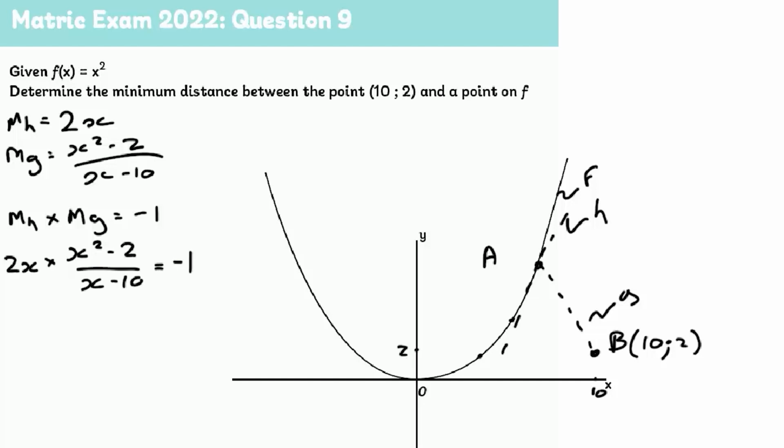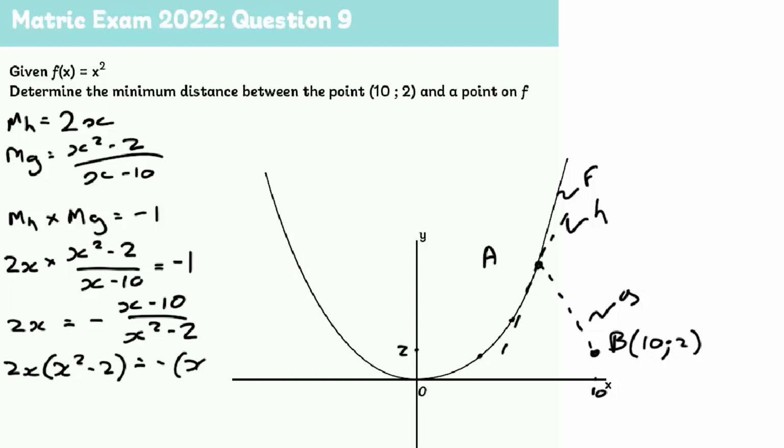Take the fraction across, multiply by minus 1, and you have a minus, and then you simply flip the fraction. It'll be 2x times (x squared minus 2) equal to minus (x minus 10). And then this will all come out to 2x cubed minus 3x minus 10 equal to 0.